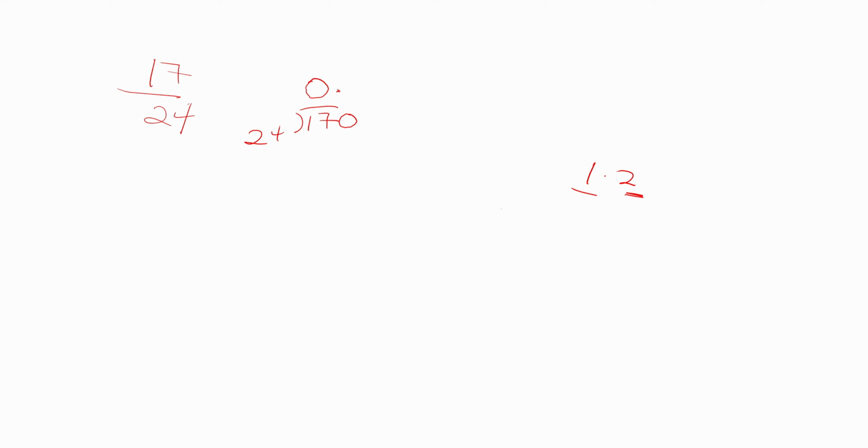24 times 8 will give us 192, and that's bigger than 170. And 24 times 7 will give us 168. And that is the number that can go into 170 exactly. So because 24 times 7 will go into 170, we are going to put 7 in the quotient here, right?